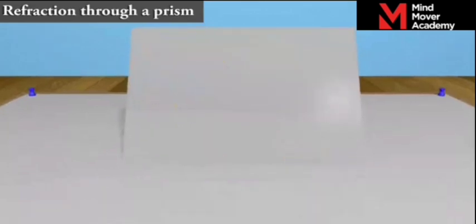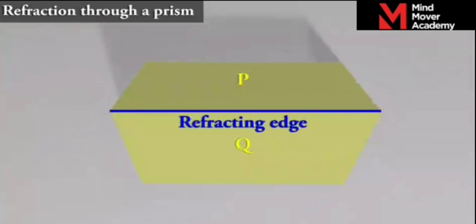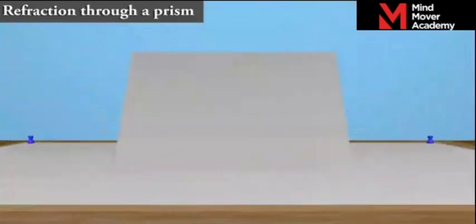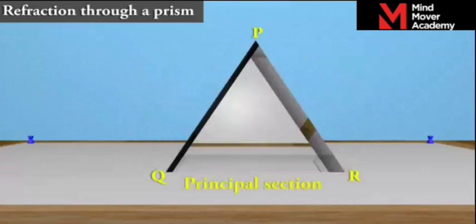The line of intersection of the surfaces P and Q is called the refracting edge, and the section of the prism perpendicular to the refracting edge is called the principal section.